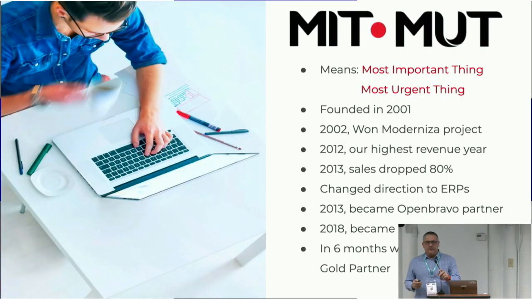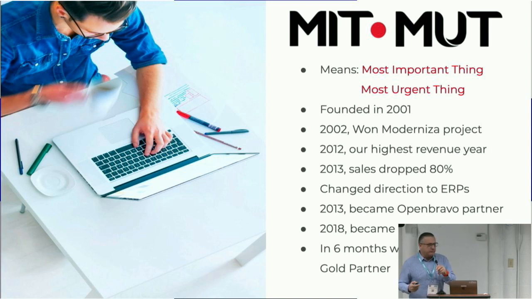At the beginning, I want to talk about what Mid-Mood is. Mid-Mood means most important thing, most urgent thing. We were founded in 2001 by my wife and myself. In 2002, we won a project from the Tourism Ministry in Mexico called Moderniza. That program was very important for us.